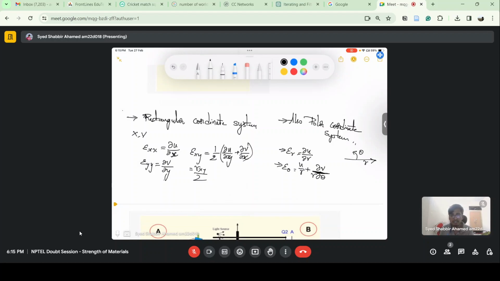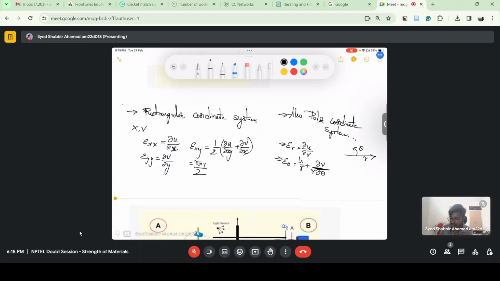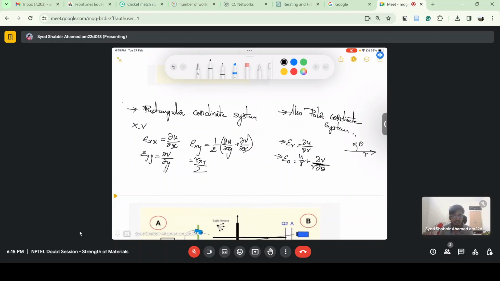I hope you have watched the lecture in which the professor has taken an element and shown how we get the normal strain in the radial direction and the normal strain in the circumferential direction. Then we have the shear strain in polar coordinates, which is gamma r theta.